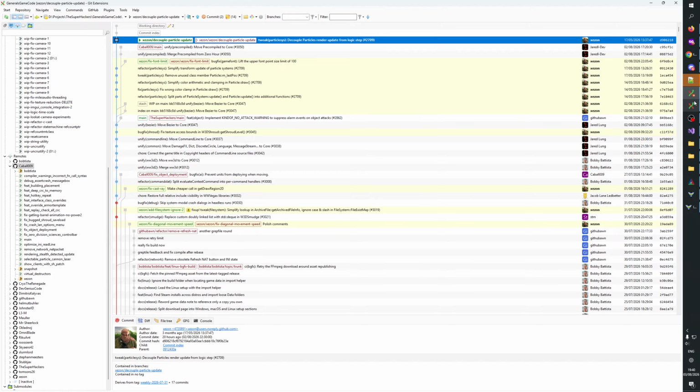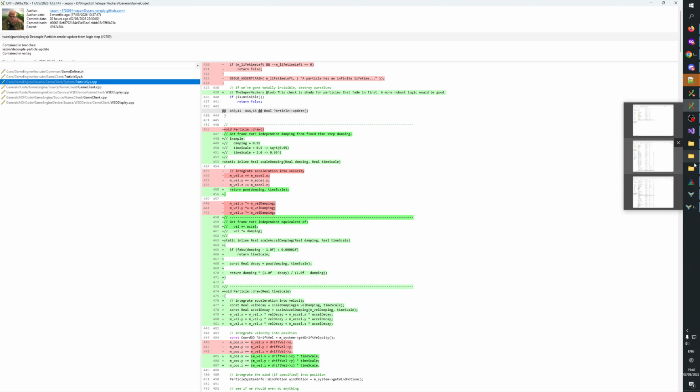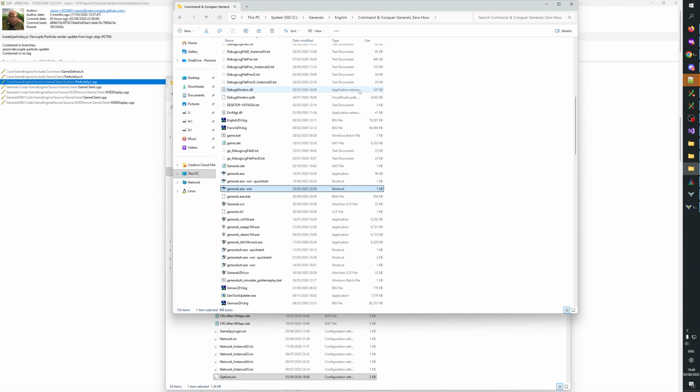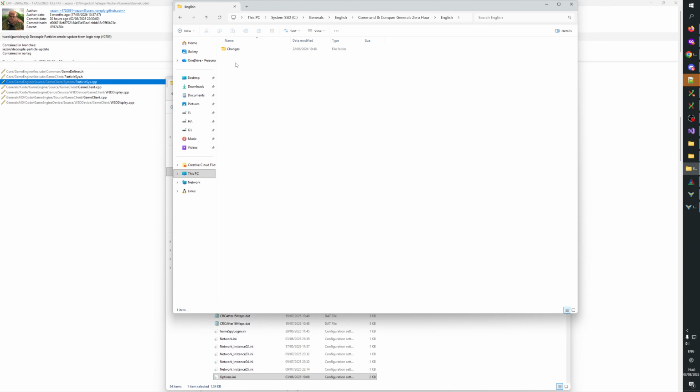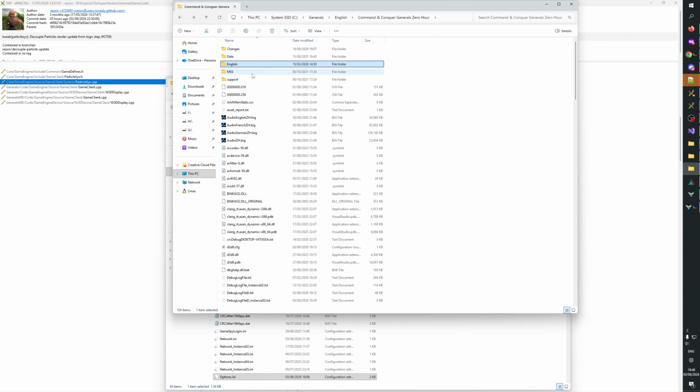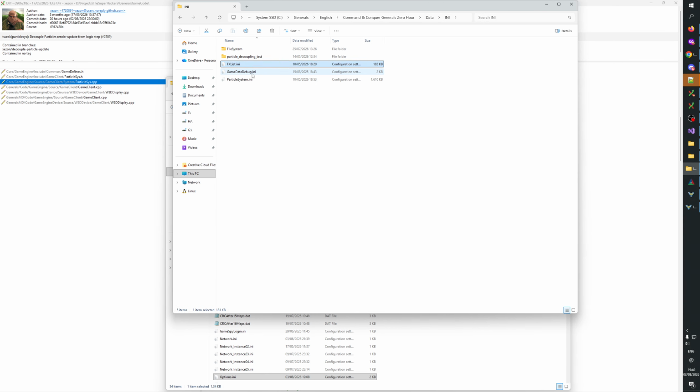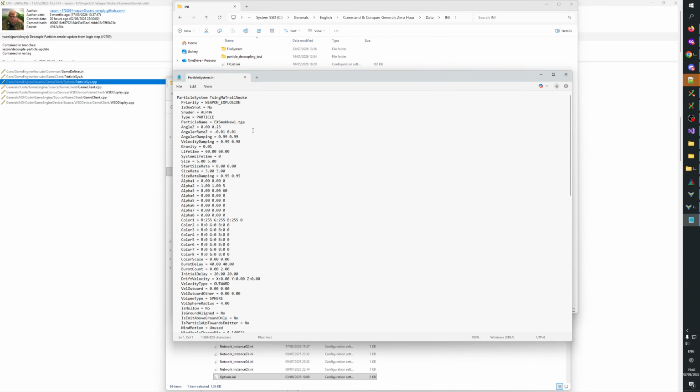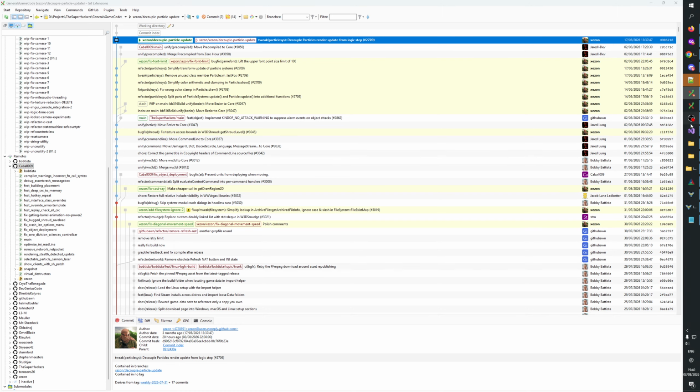Do we remember what particle this was that we touched for testing? Data, any particle system. I don't know. I think it's something about explosion or so.